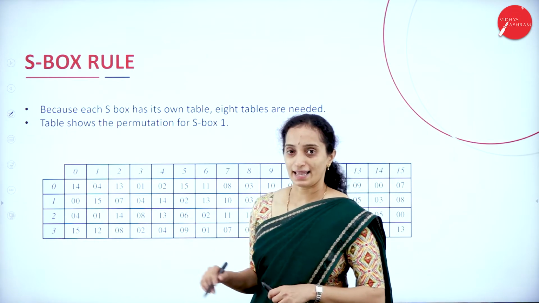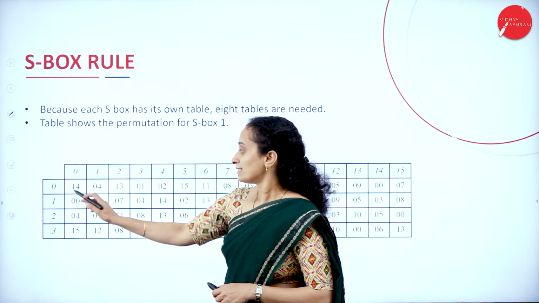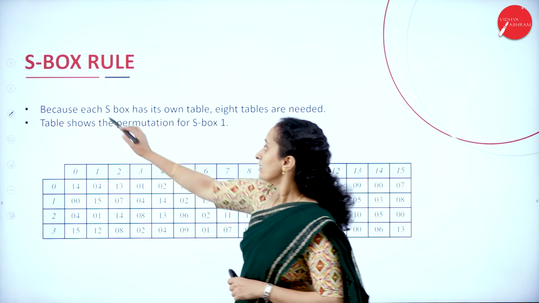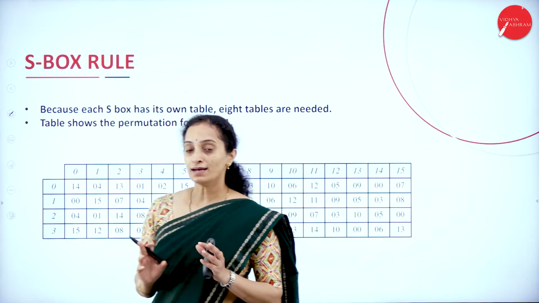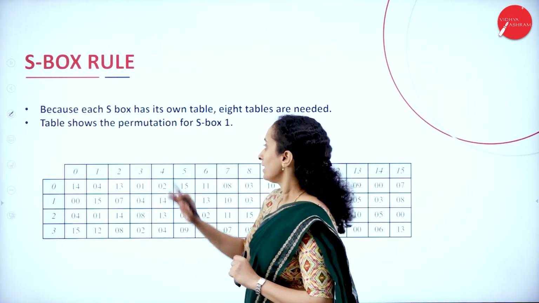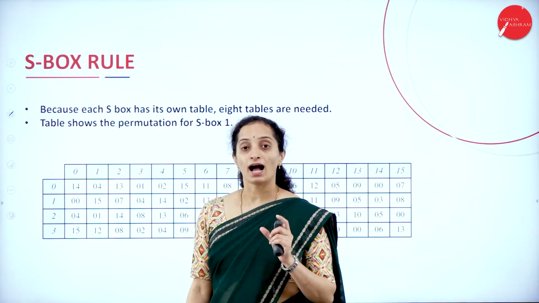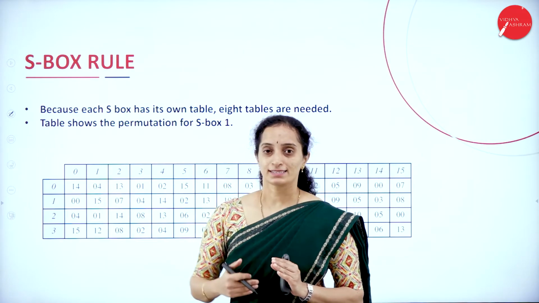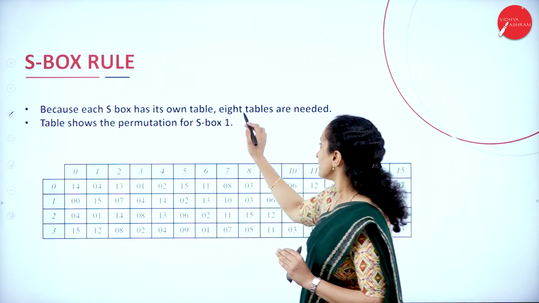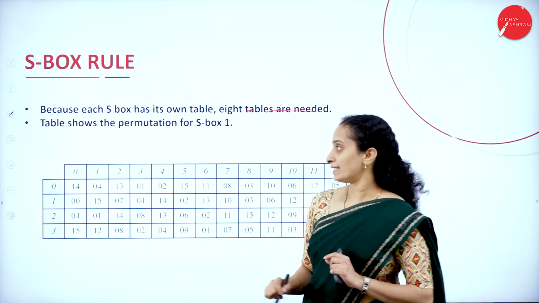This is the table which gives the output. Since there are 8 S boxes in the DES, each S box will have its own table of 4 rows and 16 columns. So 8 tables are needed.